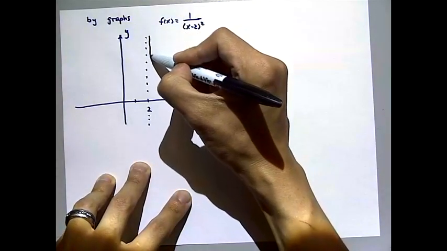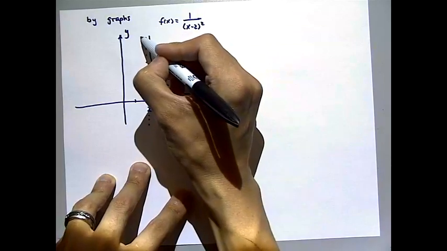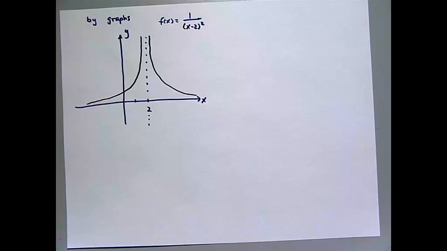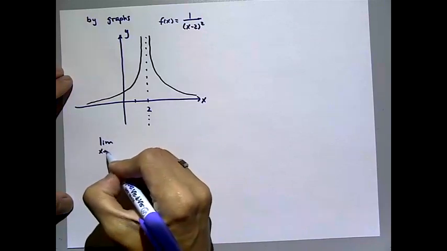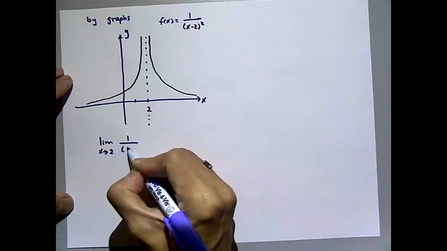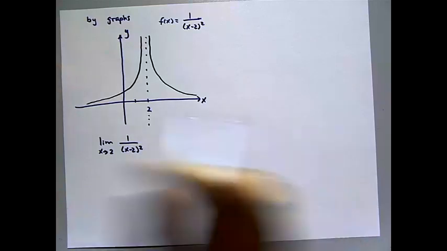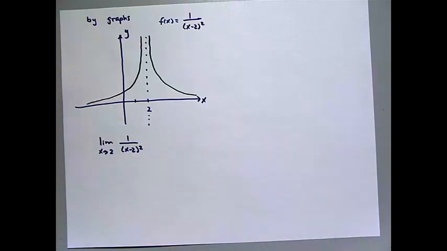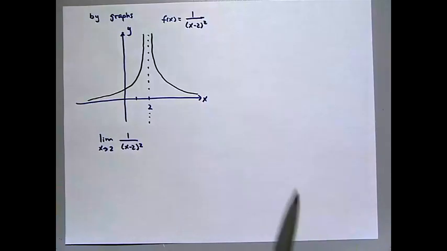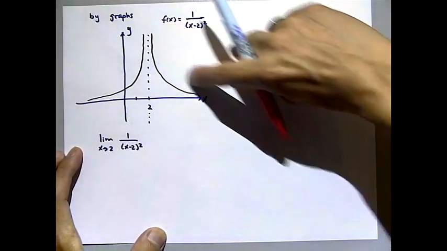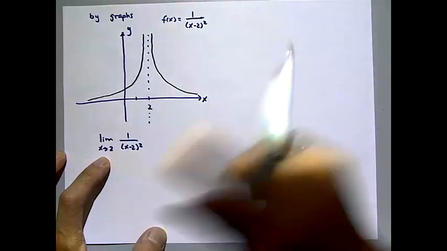And then we're going to get these two branches on either side of that. When you look at the limit as x approaches 2 of that function, on the graph, what you do is follow the graph while making x as close to 2 as you can. So imagine you're walking on this branch right here, and you want to make x close to 2.